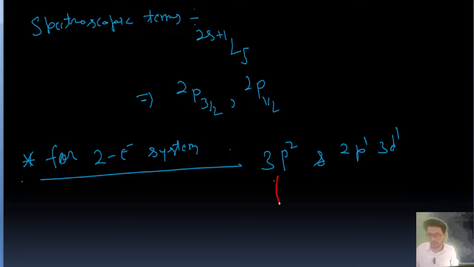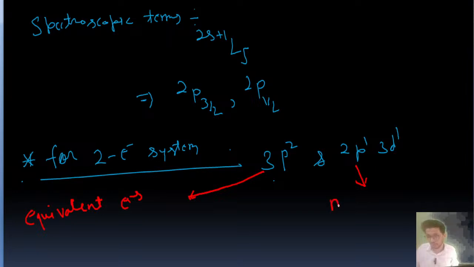The first is called equivalent electrons, and the second are called non-equivalent electrons. Equivalent, because these are both p orbital electrons, and non-equivalent because one is a p orbital electron and the other is a d orbital electron.